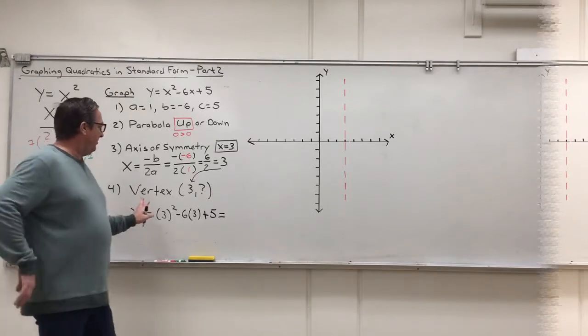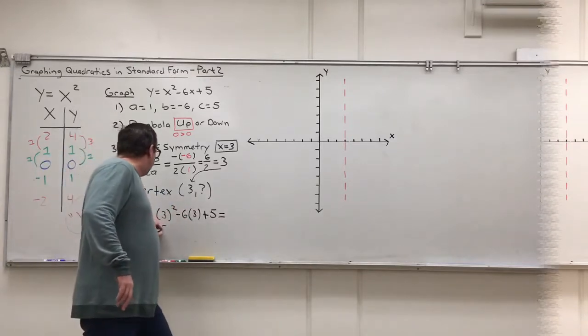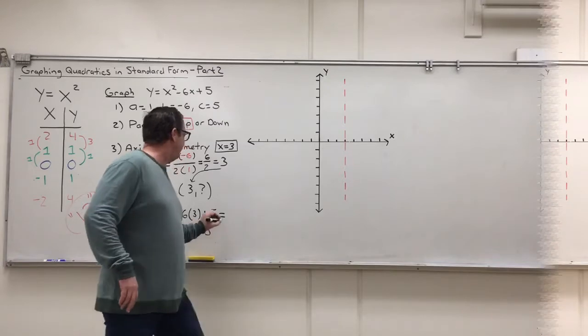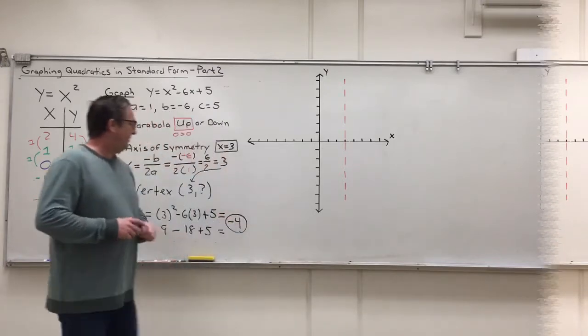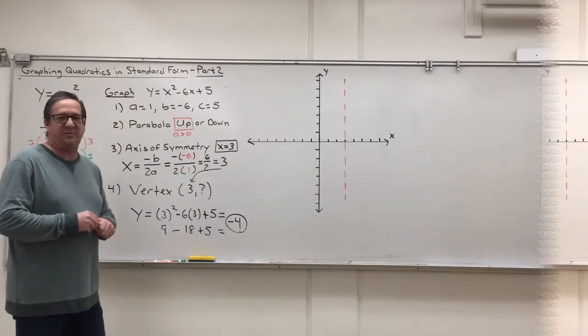And so whether you punch this in the calculator, or whether you do each piece, I get 9 minus 18 plus 5. But we should all come out with y equals negative 4.